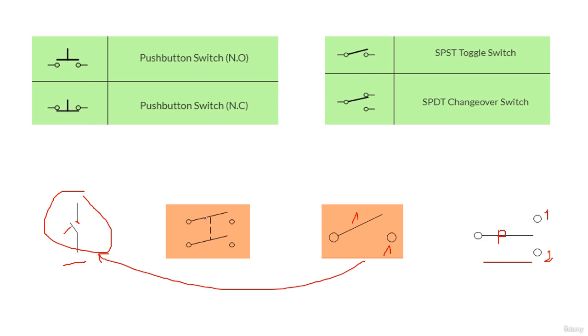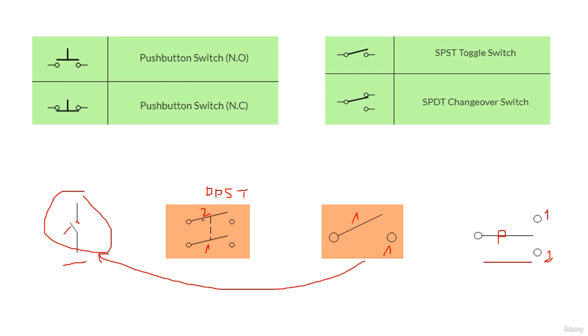Okay, over here we have two, as you see, this is two poles. Okay, this is the first and this is the second, and we have just one throw. Okay, so this is a double pole single throw. Okay, double pole single throw. So this is a double pole, DP, and single throw.